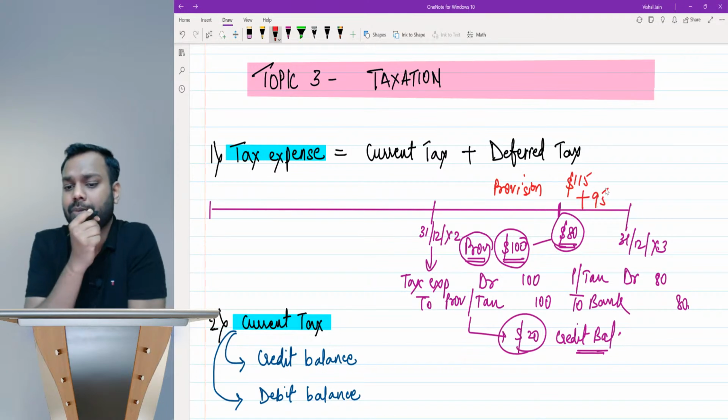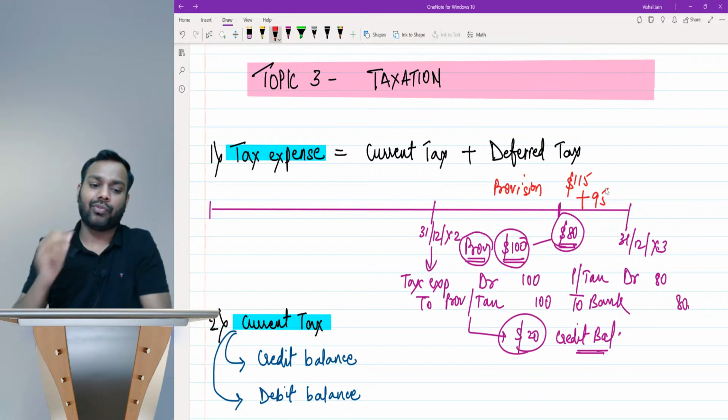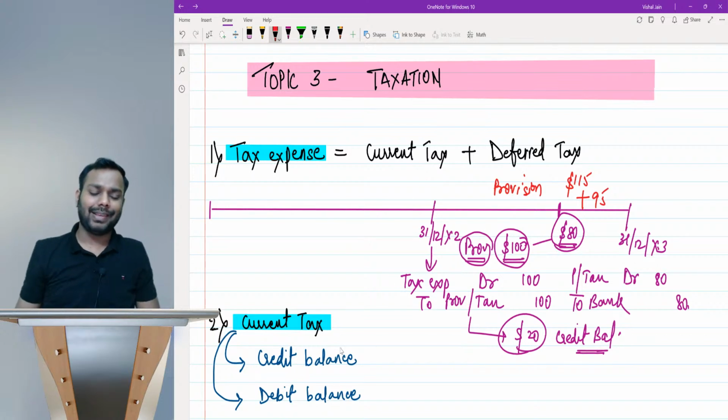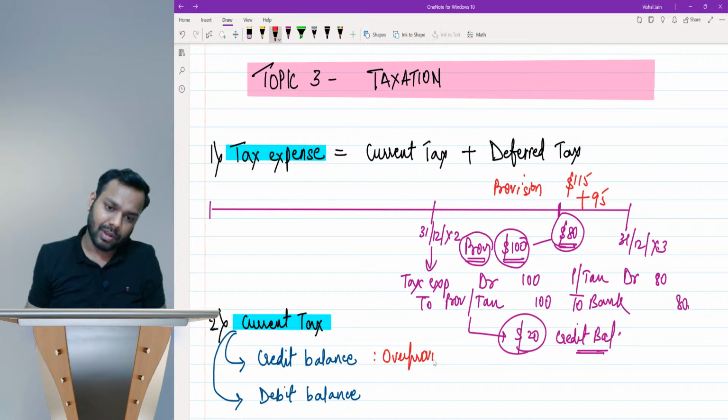So a credit balance means over provision in the previous year, adjusted in the current year.